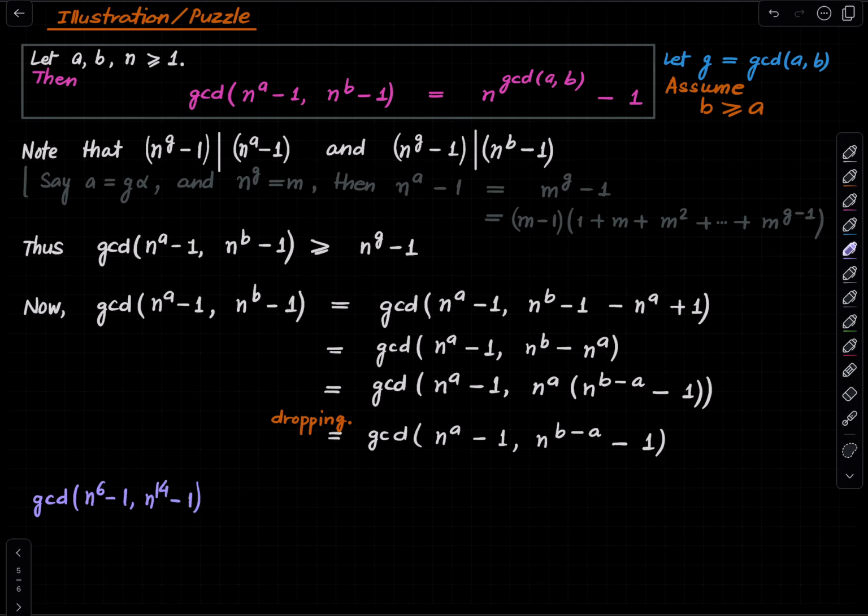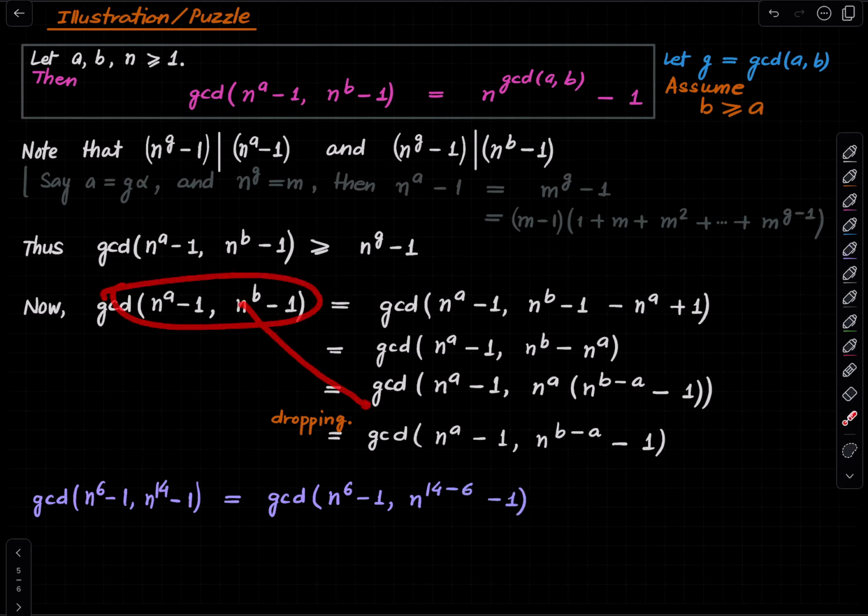We want to show that this number is n square minus 1, because the GCD of 6 and 14 is 2. Yeah. So what have we done? By the first step of the above procedure, we would get n to the power 6 minus 1 times n to the power 14 minus 6 minus 1, right?